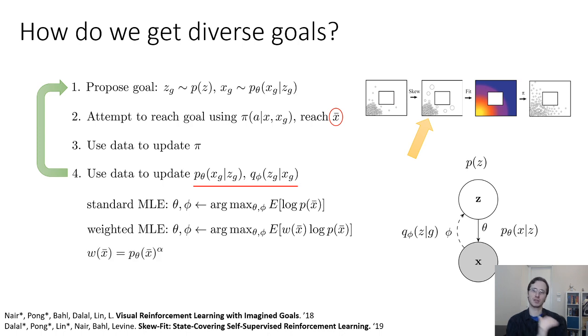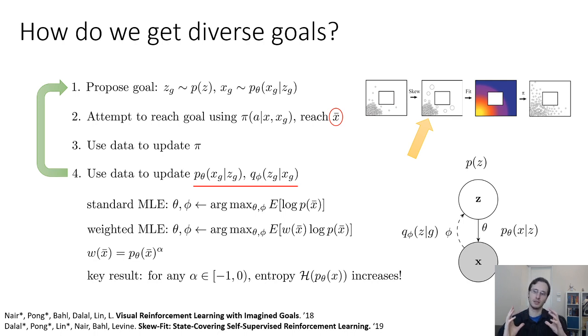So what we can do is assign a weight based on the probability density that our current model p theta assigns to that state x. So we'll set the weight to be p theta of x bar raised to some power alpha, where alpha is a negative number. So this will essentially be 1 over p theta of x bar to some positive power, or equivalently p theta of x bar to some negative power.